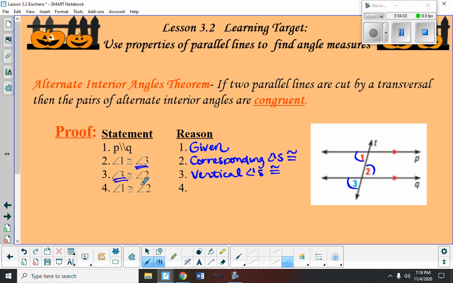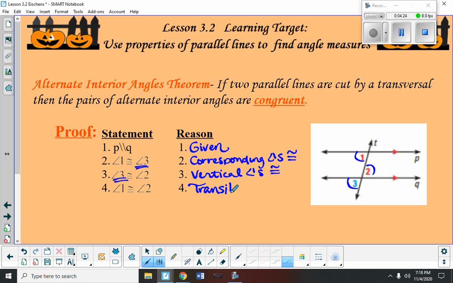Then 1 and 2 are congruent by what? What theorem was that? Transitive property.